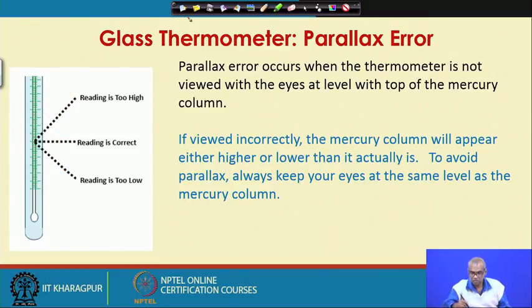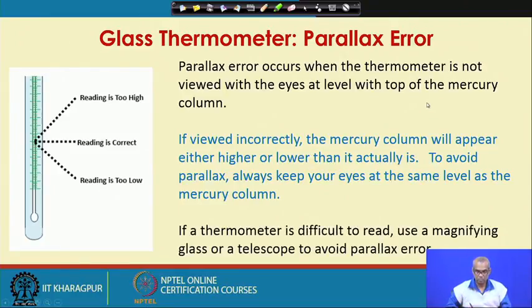So, you must keep your eyes at the same level as the mercury column to avoid parallax error. If a thermometer is difficult to read, use a magnifying glass or a telescope or some sort of optical device to avoid parallax error.